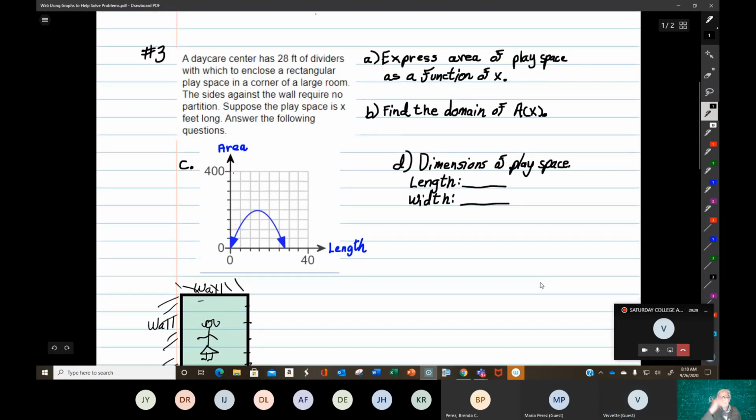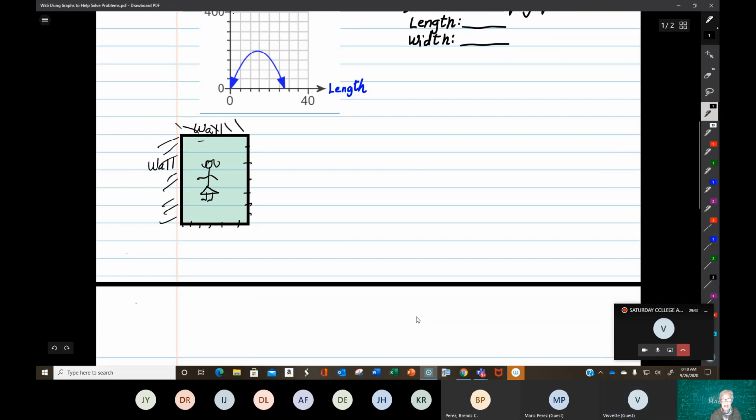Okay, so suppose the play space is x feet long. So here again, we're letting x be the length. Well, this is a rectangle, so it has length and it has width. We don't know what those are. Okay, so I'm using dividers over here, and I really should have made it a different color.